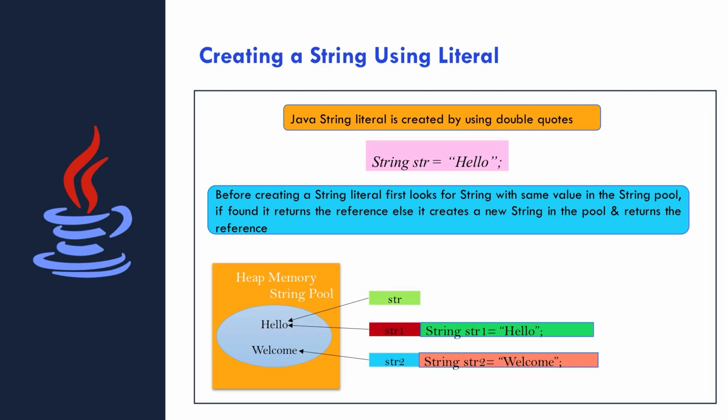So once again, a quick review. String literals are also called the interned way of creating a string. The interned way is where a string literal gets created in the string pool. Once a literal is created, it will not be recreated. So if you said String str = "hello", we are not going to create it again for String str1 = "hello"; it is going to point to the same string literal.